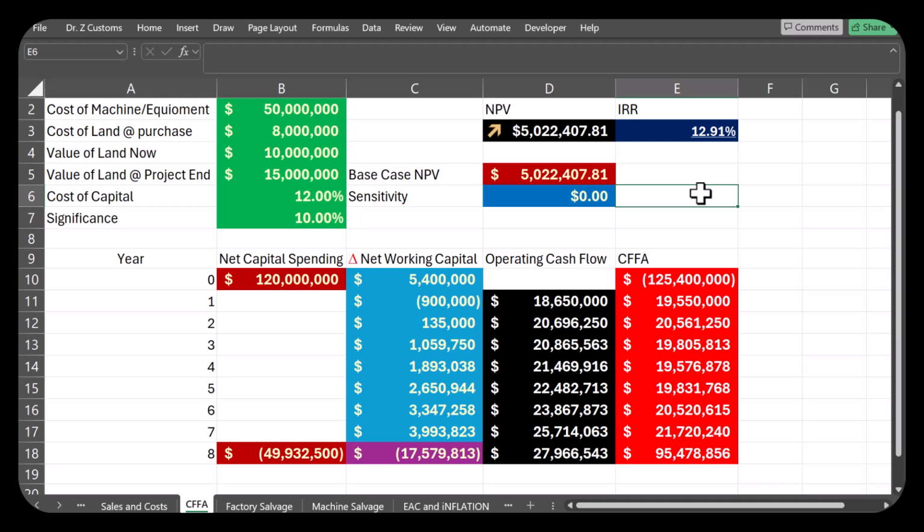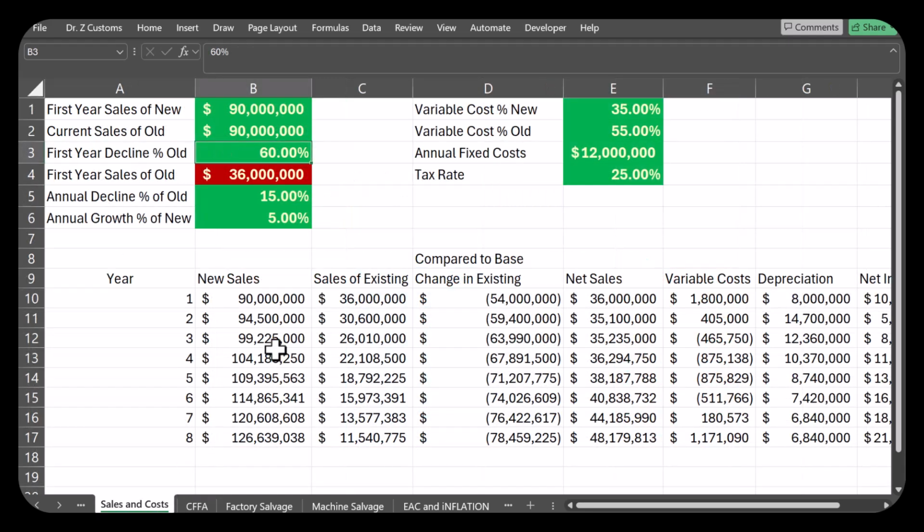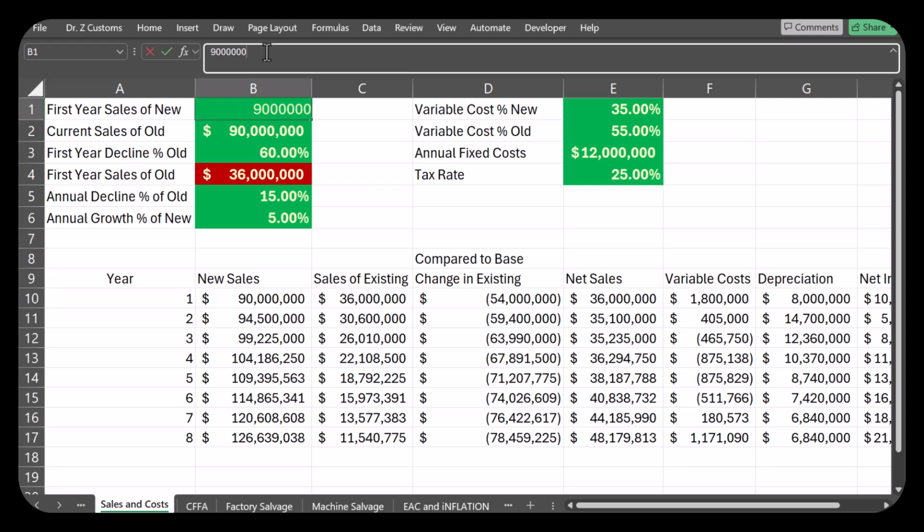Now let's think about one of our inputs. Since most of the forecasting is based on the sales and cost, let's increase first year sales of the new product by $1. Okay.